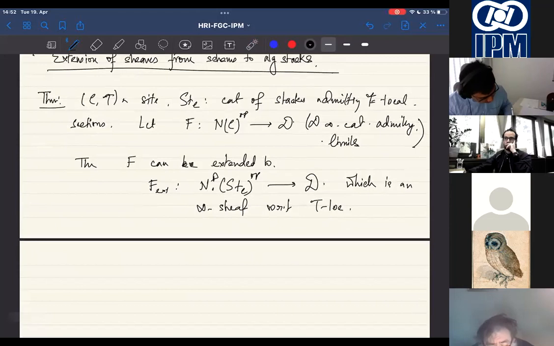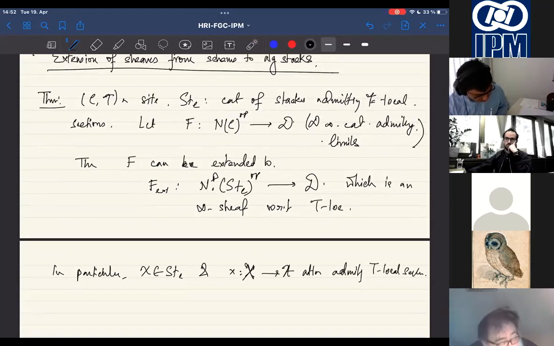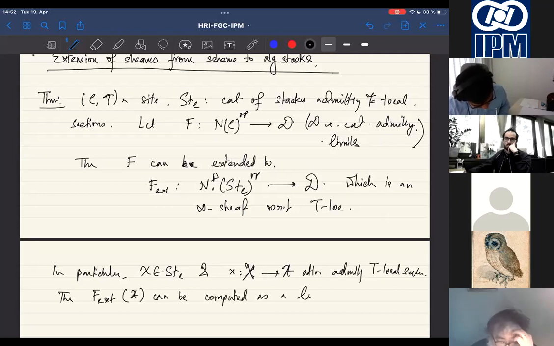Moreover, which is the interesting thing, in particular, if you have an object x in STC, admitting T-local sections, then Fx of x can be computed as a limit over the Čech nerve of x.